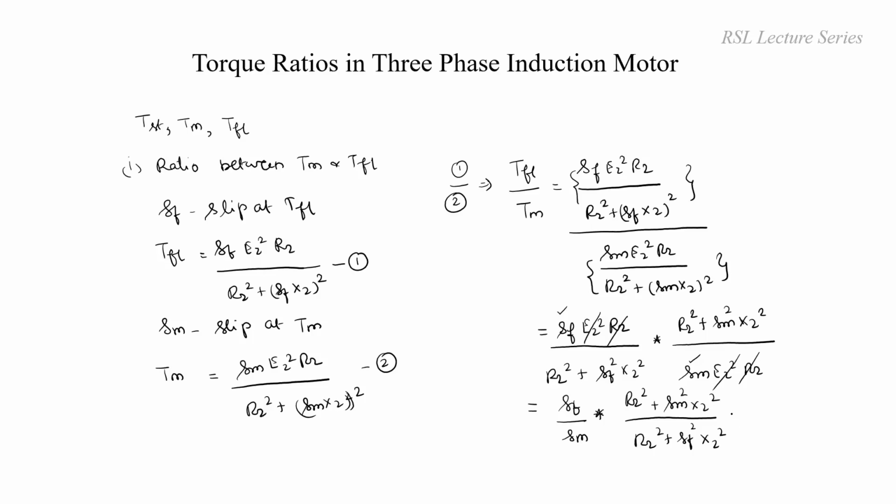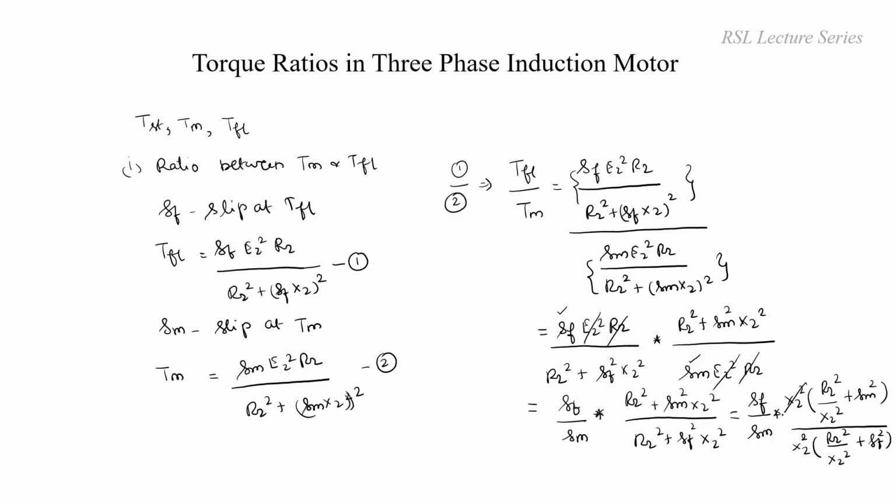Now we take X2 square outside from both the numerator and the denominator. So this can be written as SF divided by Sm into X2 square taken outside, with the remaining terms R2 square by X2 square plus Sm square, divided by, similarly taking X2 square outside from the denominator, X2 square times R2 square by X2 square plus SF square.